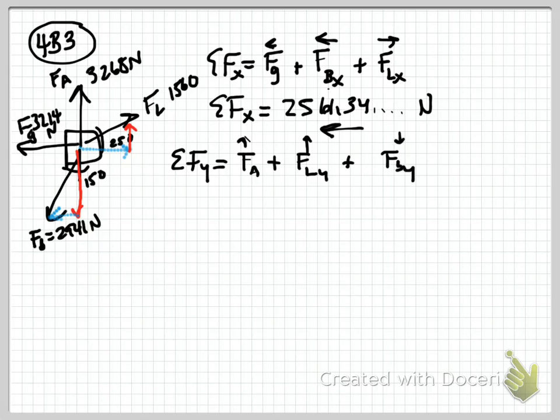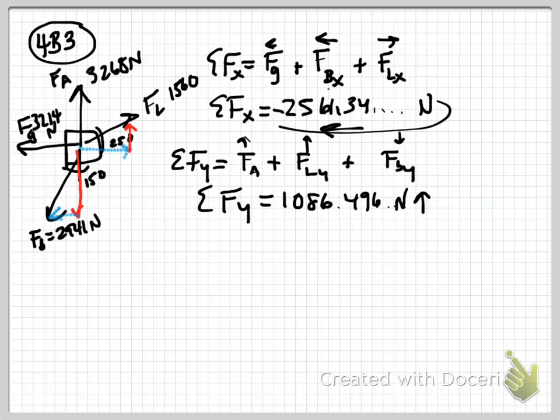So again, just treat sign conventions with a standard grid, and when we plug in all our numbers, we get a sum of forces y of 1,086.496, etc., and that is to the north. So if we're using our sign conventions, that's a negative number. This is a positive number.